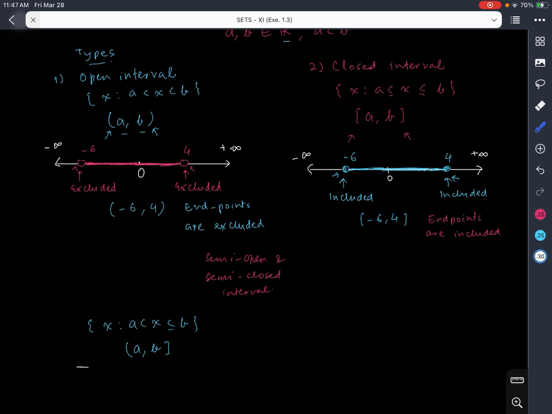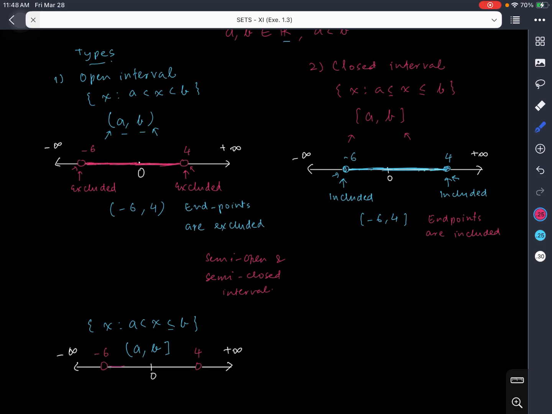So let us see how this works. Let us again draw a number line having all values from -infinity to +infinity, all being real numbers. Let us take 2 points, first somewhere here and second somewhere here. Let us take first value as -6 and second value as 4.